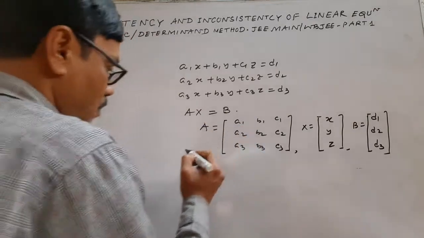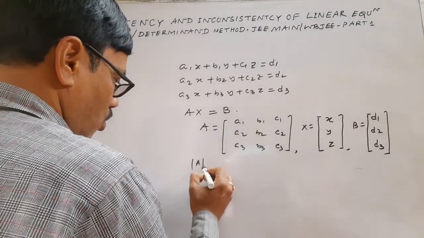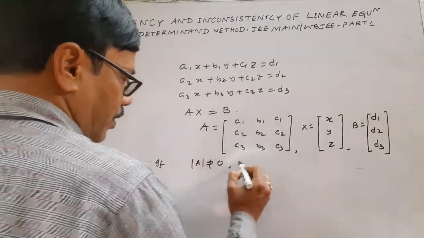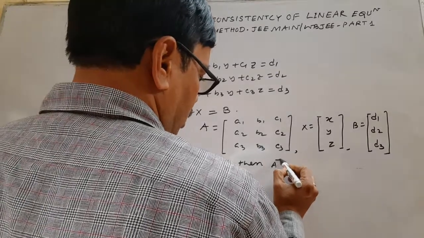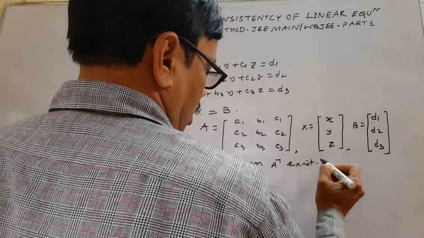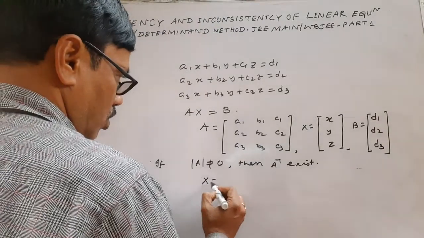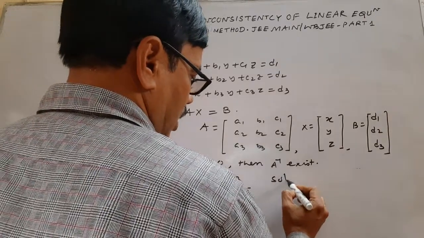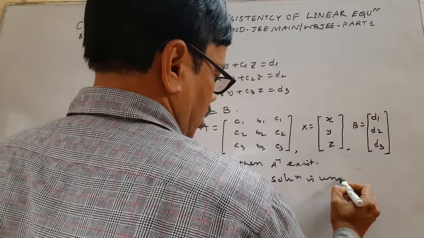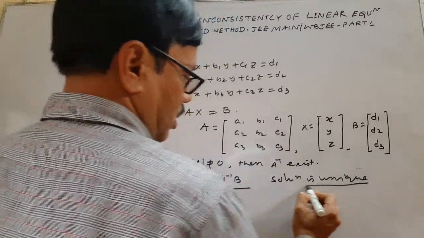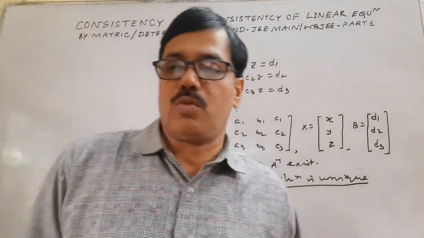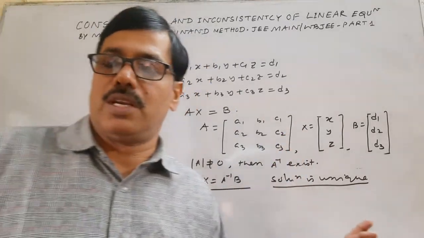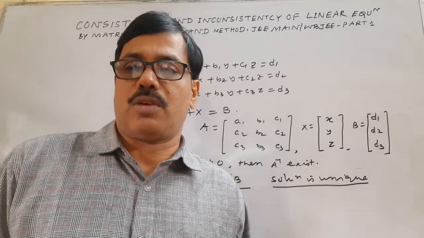Now, if determinant A is not equal to 0, then A inverse exists, and X equals A inverse into B, as we know. The solution is unique. This part is included in our board syllabus in both CBSE and West Bengal board.